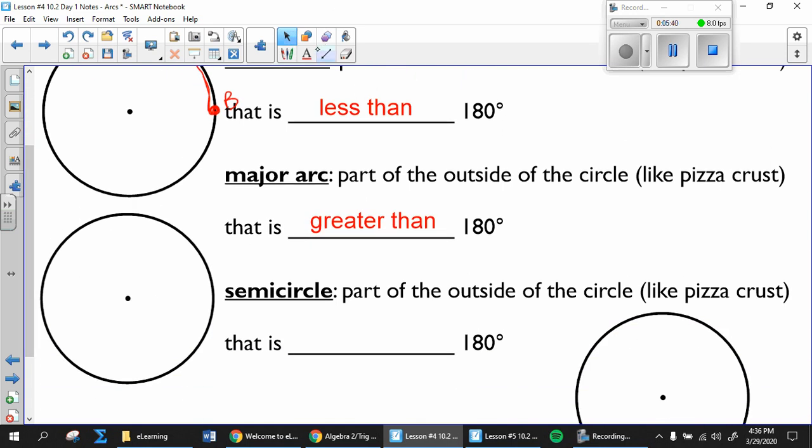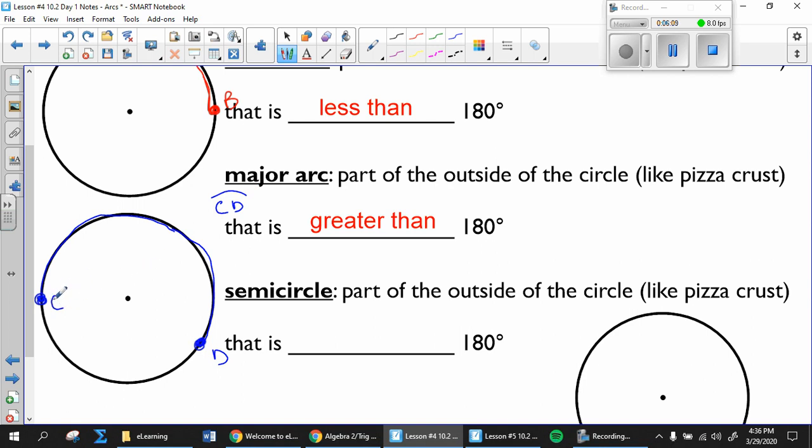Okay, so if I go down here and I look at my circle, again, an arc goes from endpoint to endpoint. So if I look at this entire thing going around here, okay, let's call this C and D, then arc CD would be a major arc because it's larger than 180.